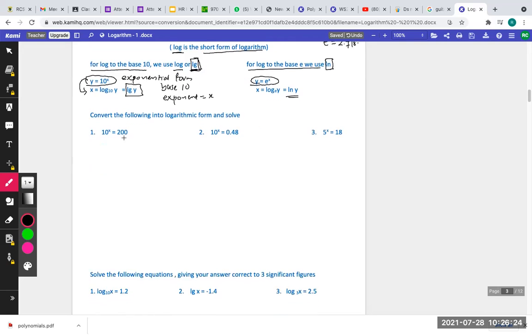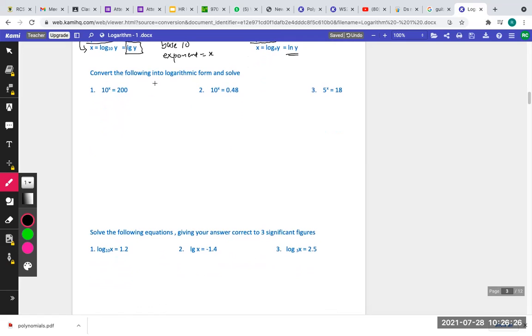Okay, so let's move on to the first set. Convert the following into logarithmic form and then solve. First question, you know it's given in exponential form, right? So what is the exponent here? The exponent is x, right? And the base is 10 and the answer is 200. So if I want to solve it, the exponent will be the answer for the logarithm.